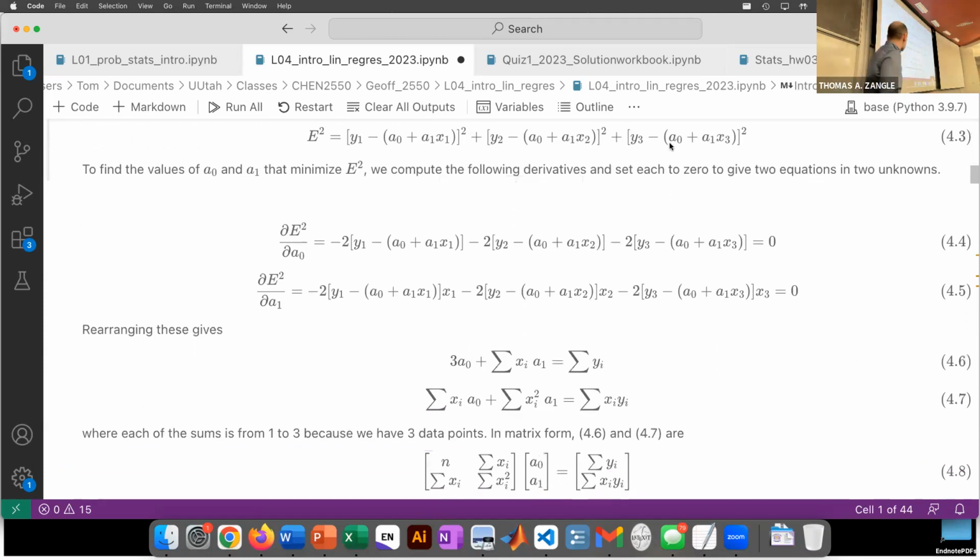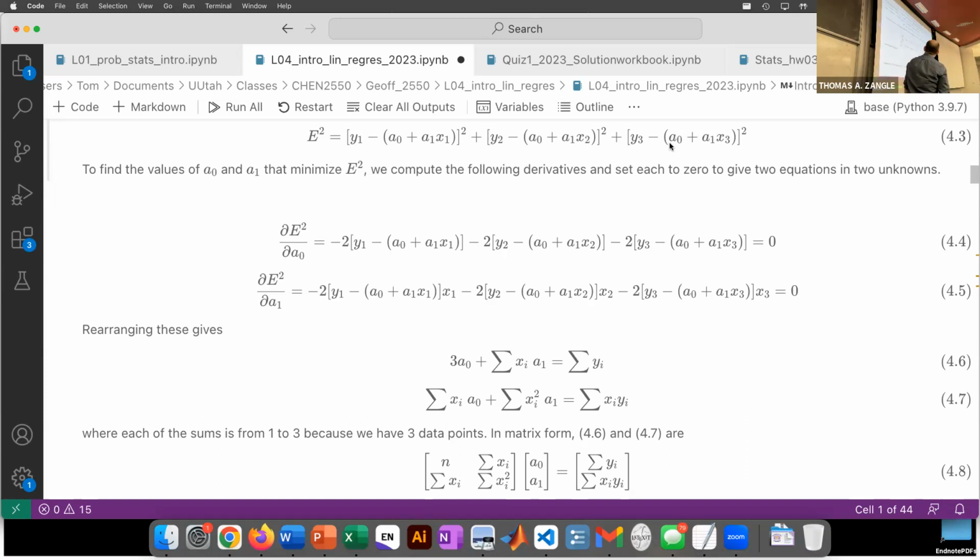So if we have this expression for the error, and we want to find the minimum value of that error, we're going to look at the derivative of that error and set it equal to 0. We're looking for some local minimum of this error term, which defines a big surface in terms of A0 and A1.